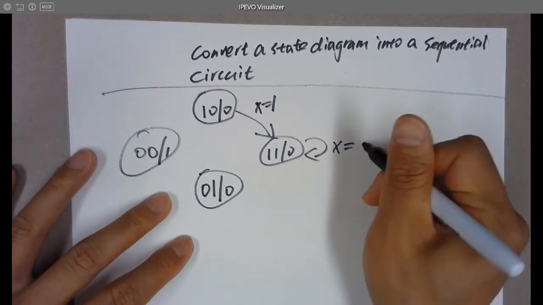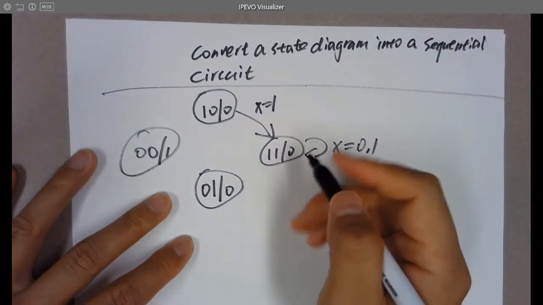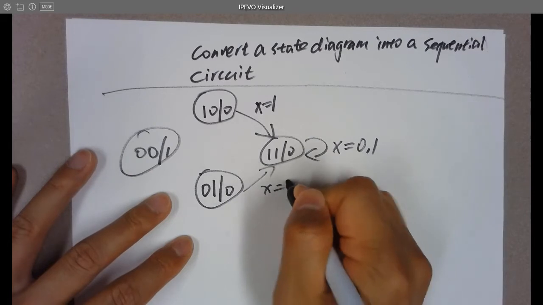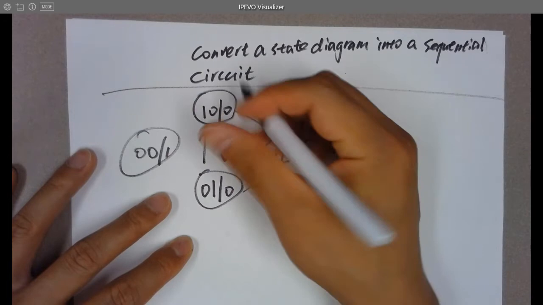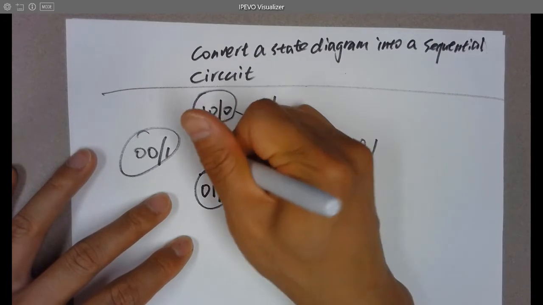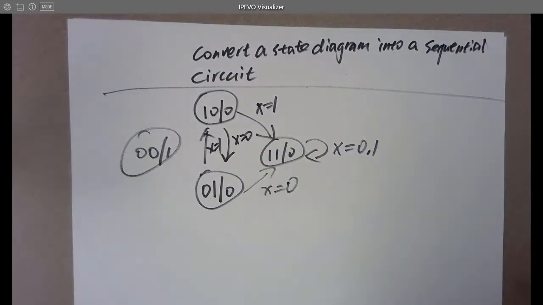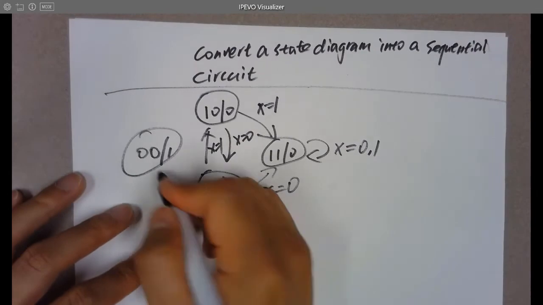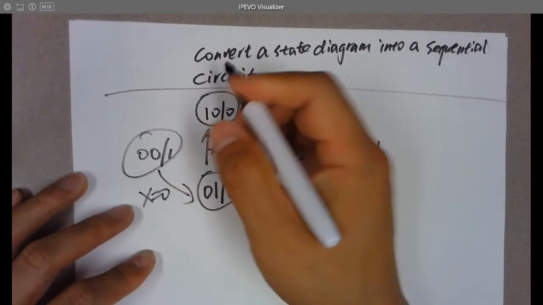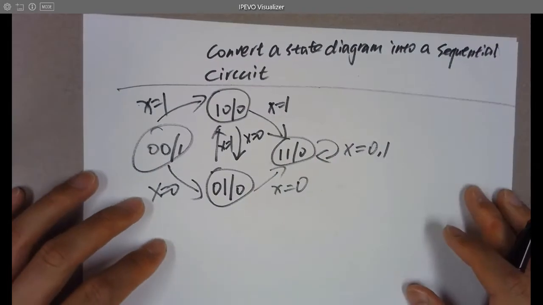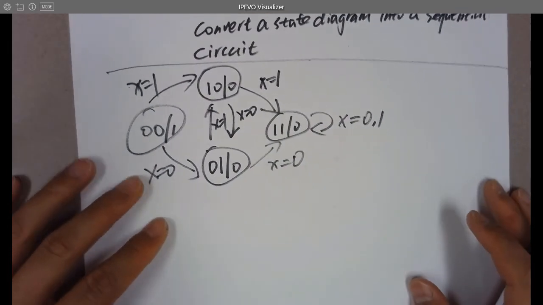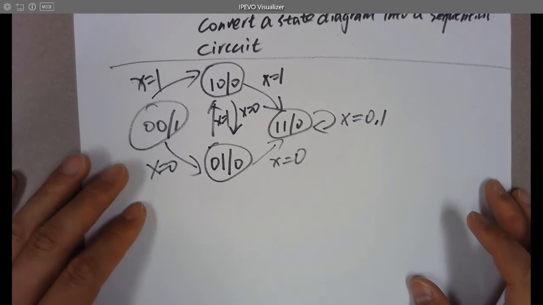That's x equals 0 or 1, and that's x equals 0, and that's x equals 0, x equals 1, and that's x equals 0, and x equals 1. Right, these are all these conversions.